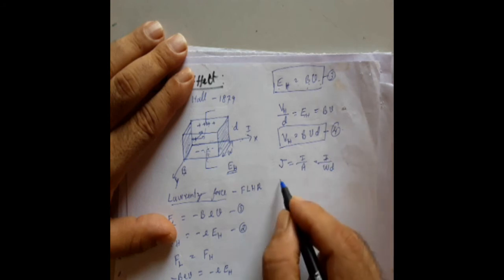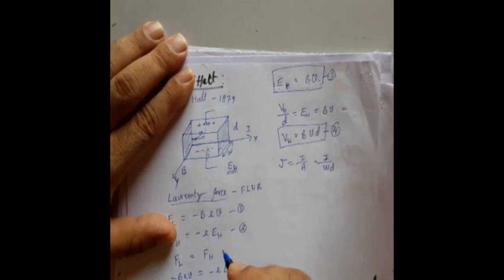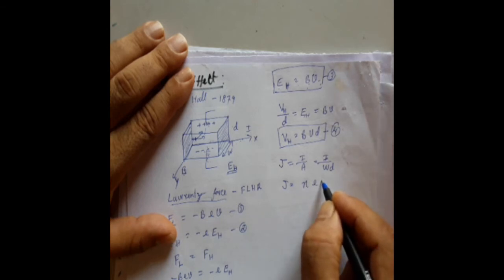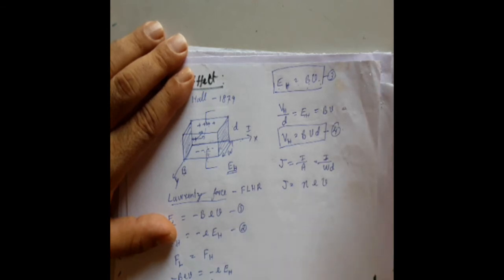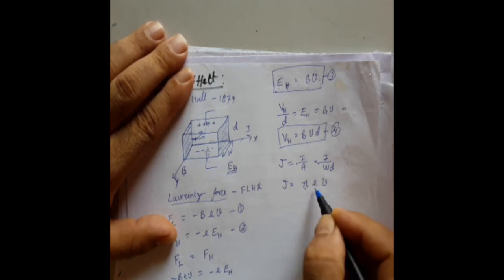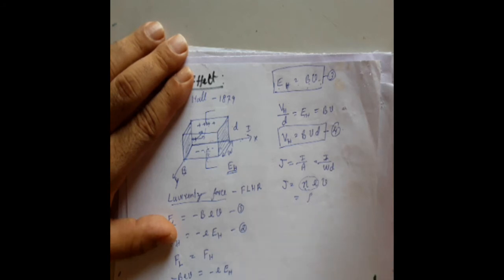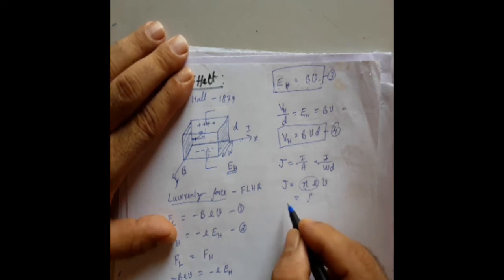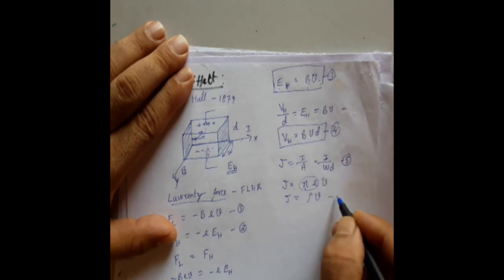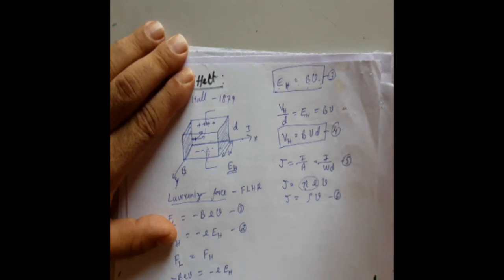But current density J is also equal to n e V, as we have learnt according to Ohm's law. n is the number of electrons or holes per unit volume of the material, and e is the electronic charge or the hole charge. These two together are the charge carrier density, rho. Therefore, J is equal to rho V. I'll write this as equation number 5 and equation number 6.